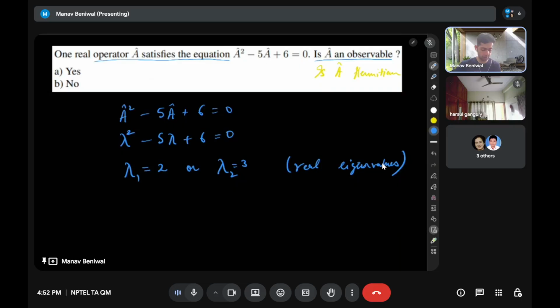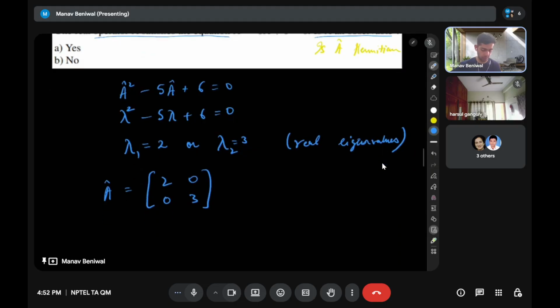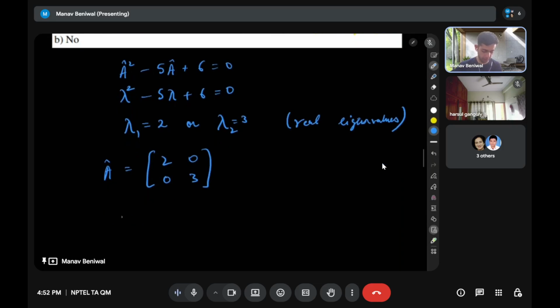If we form the matrix of this operator, it will look something like this, and its corresponding eigenkets will be 1 0 and 0 1.